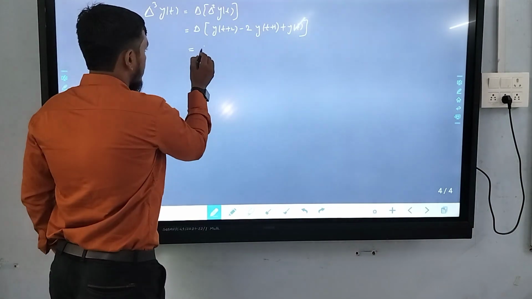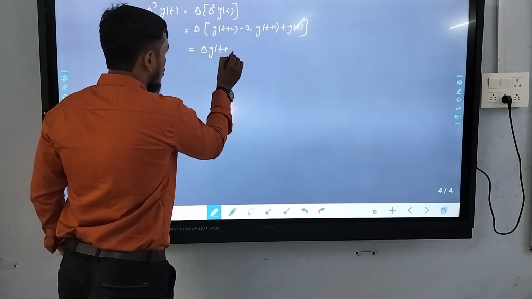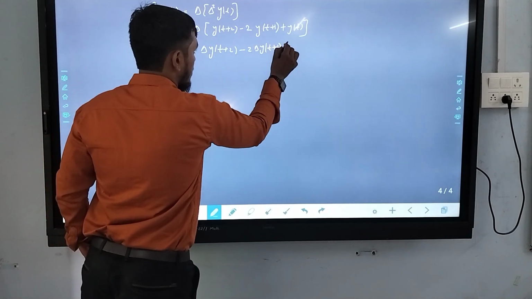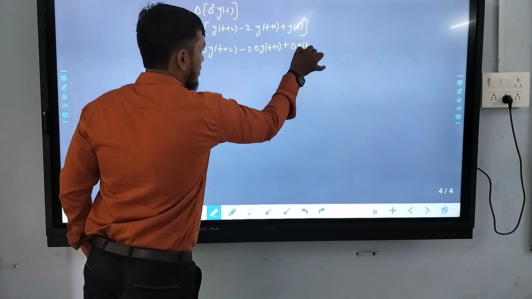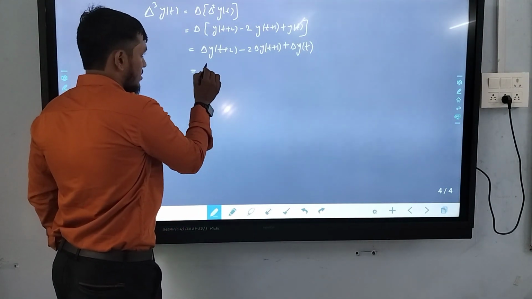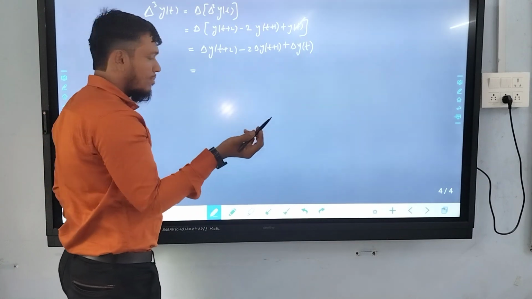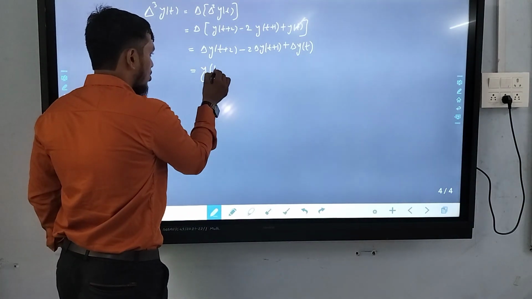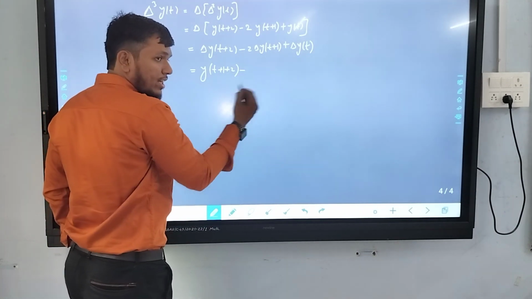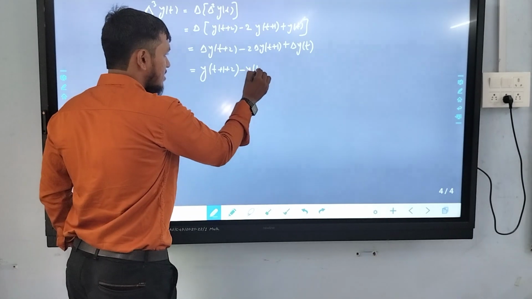So delta y of t plus 2 minus 2 delta y of t plus 1 plus delta y of t. When this delta operates on this function, we know the definition of the delta operator: in place of t we have to replace t plus 1 firstly, then after the negative sign the function should be as it is.